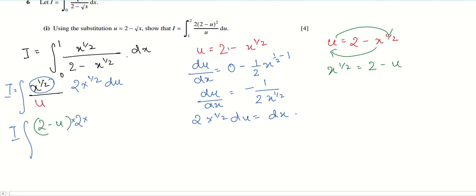And you have another x to the power of minus 2 that's here, right? This is also x to the power of minus 2, and we know what x to the power of minus 2 is here, that is 2 minus u. So we're going to write that again, 2 minus u, okay? And you have du and you have u as well, okay?